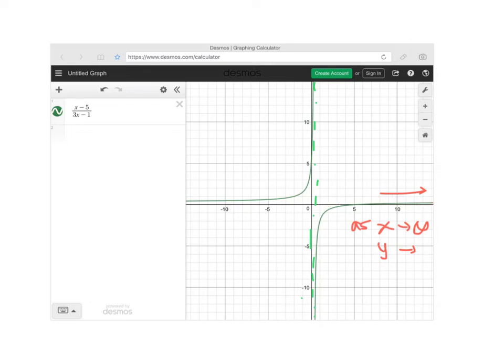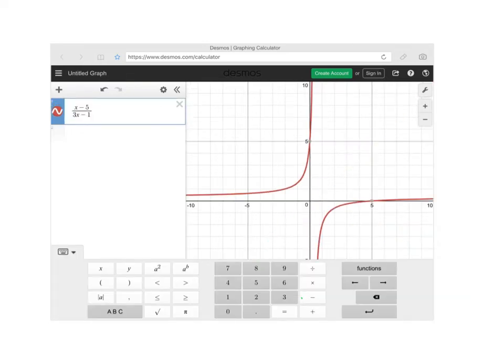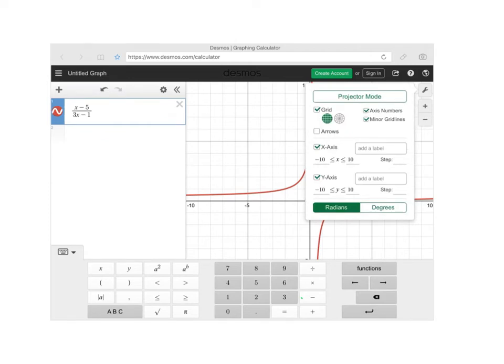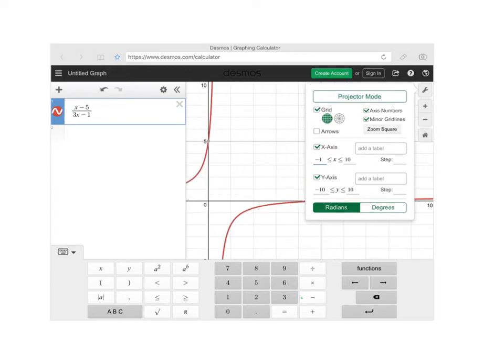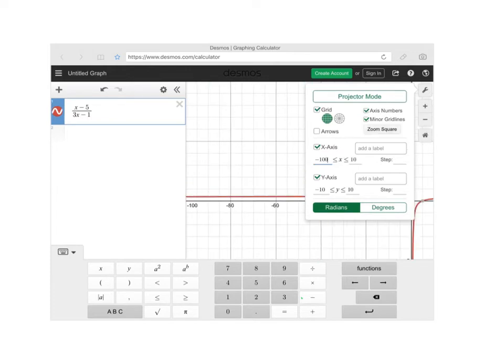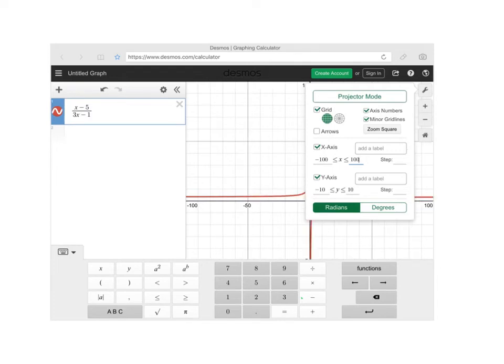So it looks like it's not necessarily approaching 0. We can actually zoom out even more. So I'm going to do that just by changing the x-axis. Let's go from negative 100 to 100. I want to leave the y-axis where it is so we can really see what that function is approaching.